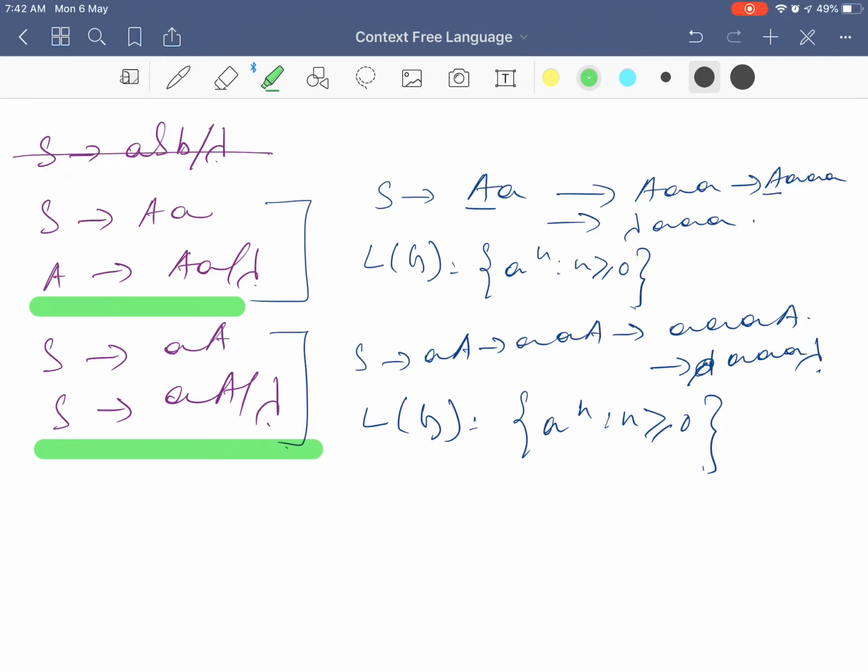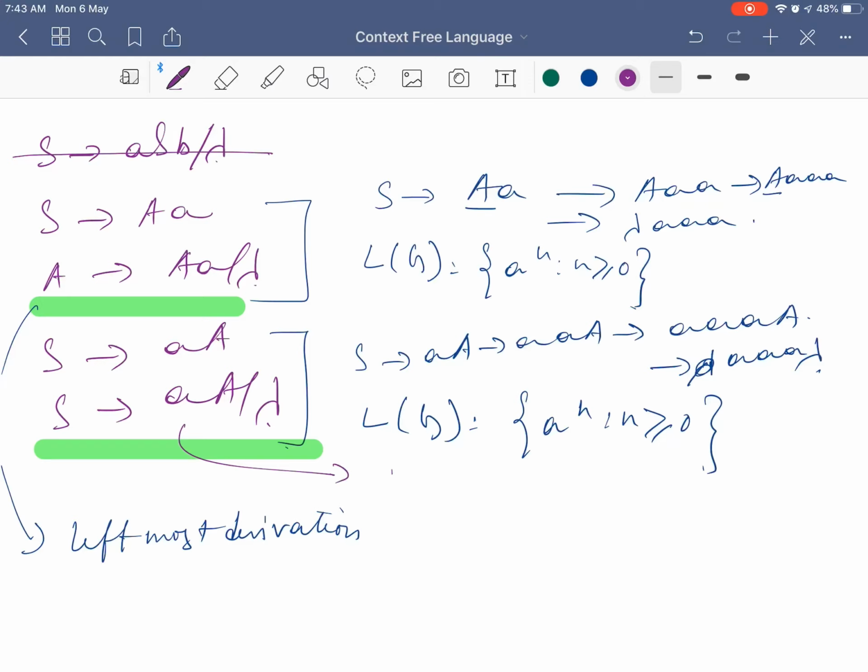So in the first one, the replacement is always starting from the left hand side, and it is called leftmost derivation, and in this case the replacement is always starting from the right hand side, so this one is called rightmost derivation.